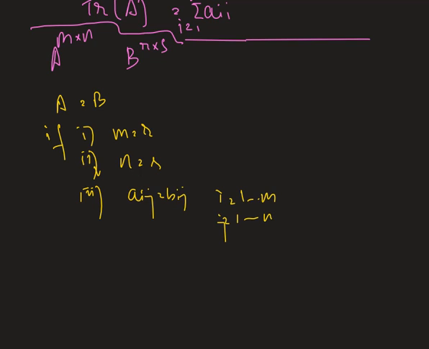If two matrices A and B are equal, we write A equals B, otherwise we write A not equal to B.